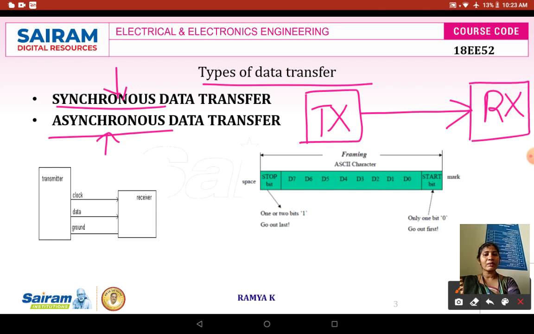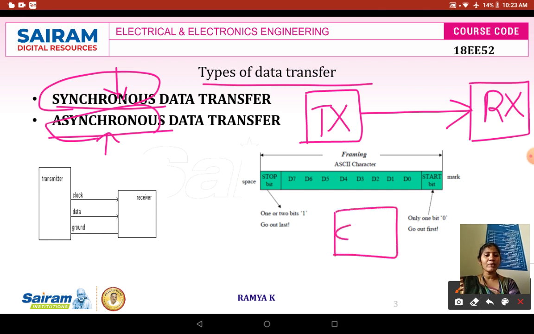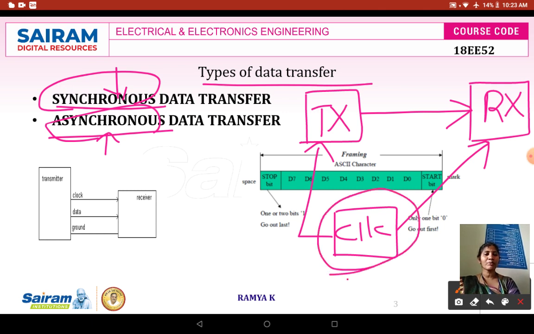But the meaning of synchronous is that you will have a clock signal, where this clock signal will enable both the transmitter and the receiver at the same clock frequency. That is called your synchronous data transfer. If you enable the clock pulse to the transmitter and receiver at the same frequency, then it is called your synchronous data transfer.